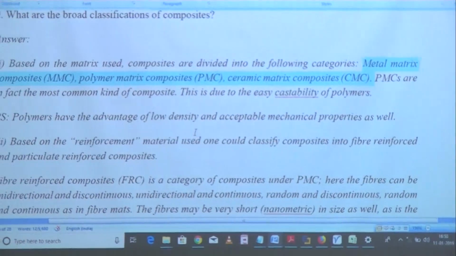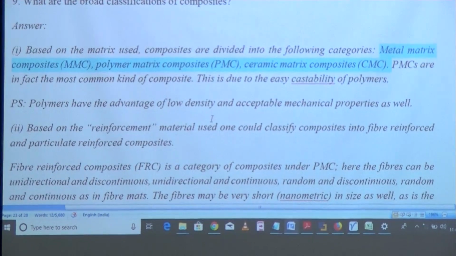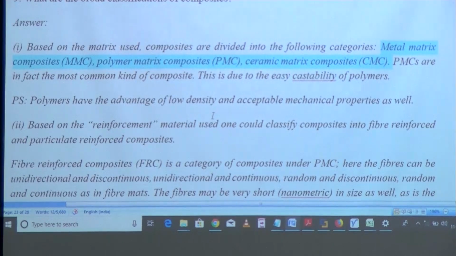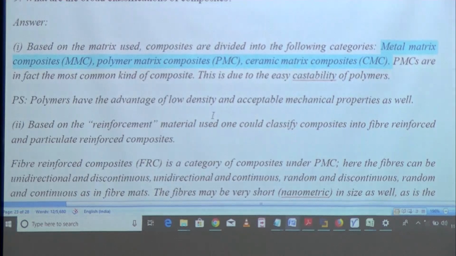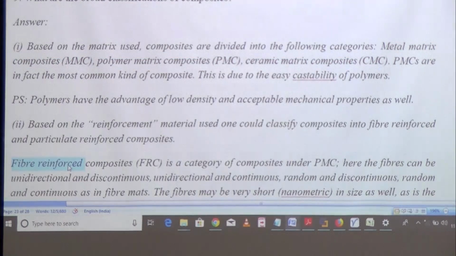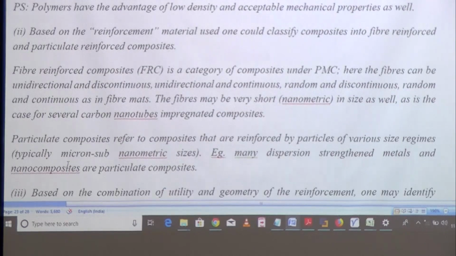So the types of composites, you have seen this, isn't it? Metal matrix, polymer matrix, ceramic matrix. You have seen this, right? And then you can have structural composites and functional composites, correct? And then you can have composites based on dispersoid, for example, fiber reinforced concrete composites. In civil engineering, fiber reinforced concretes are examples of a composite.